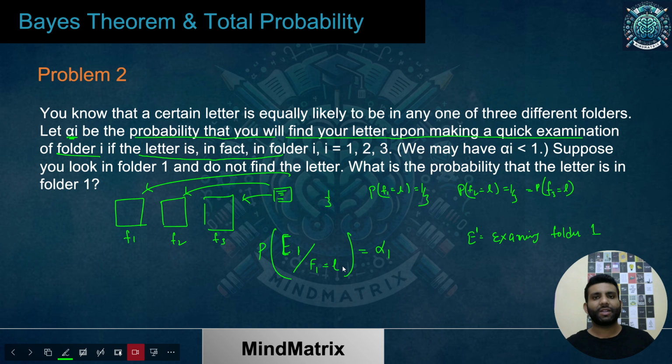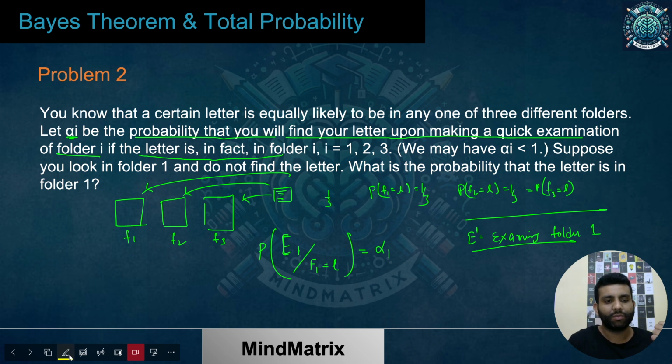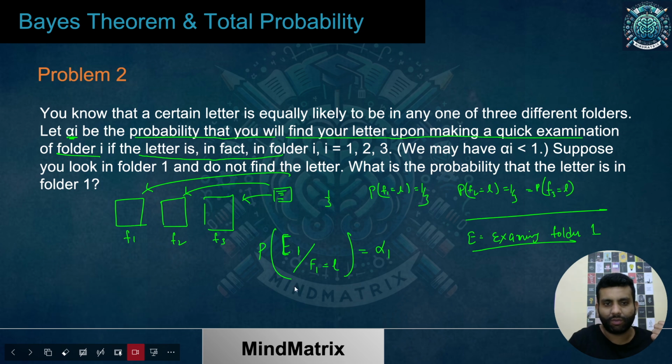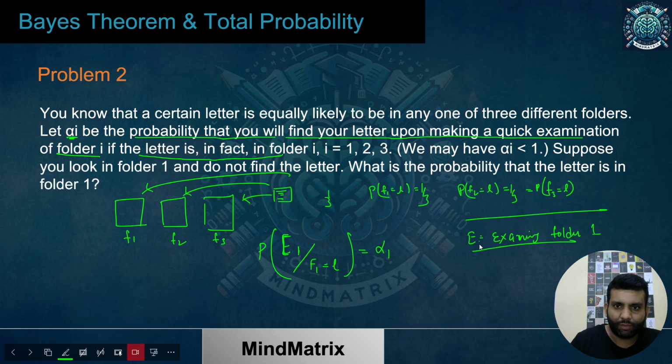We know that F1 has a letter. If F1 has a letter, then on checking my folder I will find my letter. That probability is alpha 1. So let's make it E1, getting letter on examining folder 1.